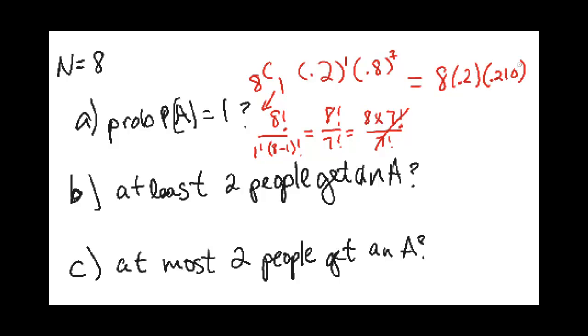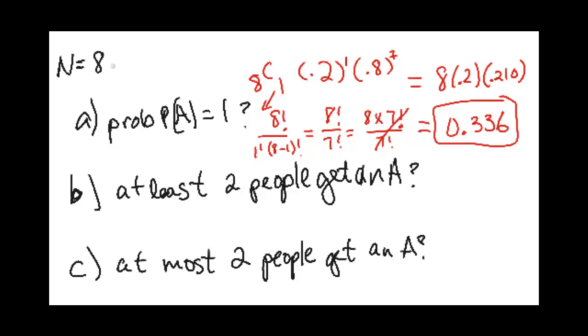And when you multiply 8 times 0.2 times 0.210, you get a probability of 0.336. So what that tells you is the probability that one person out of your 8 people in your study group gets an A. Alright?